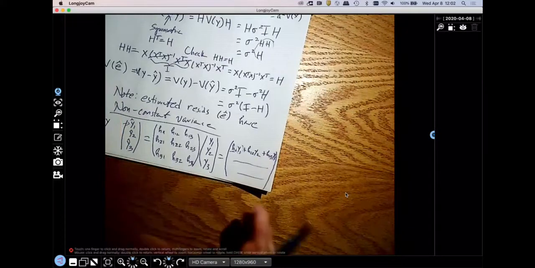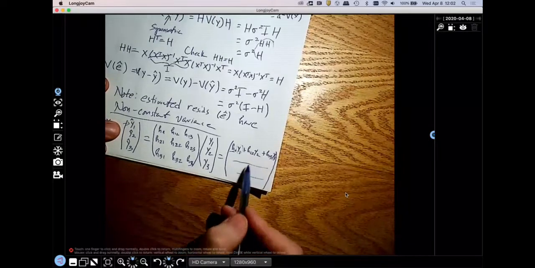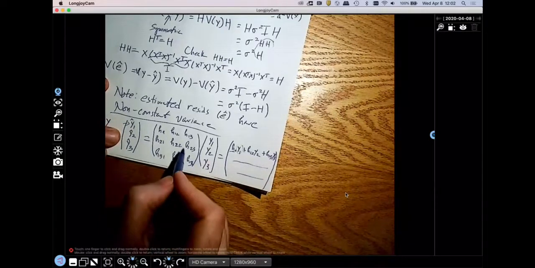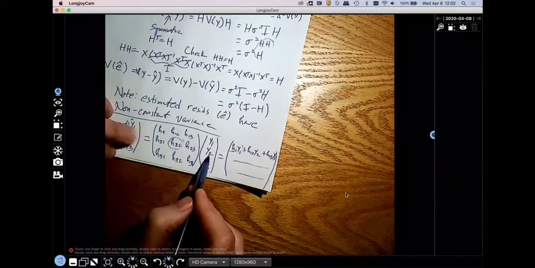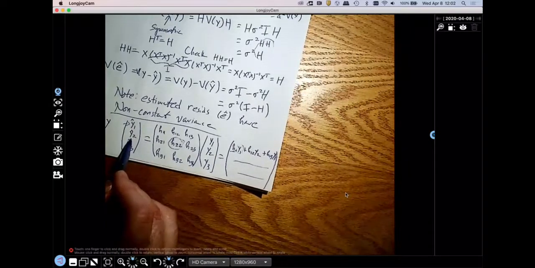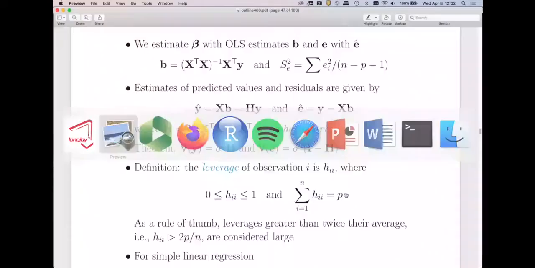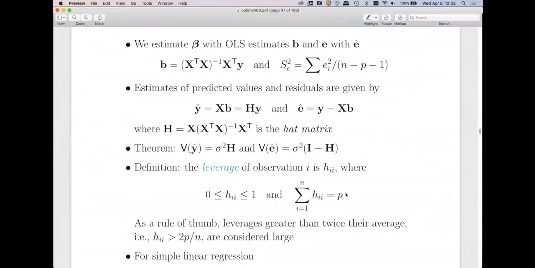I hope you see that from the arithmetic that I've just written out. Likewise, the size of h22 is going to be how much influence y2 has on the y hat 2 value. So that's why we focus on these hat matrix diagonal elements to understand this leverage.